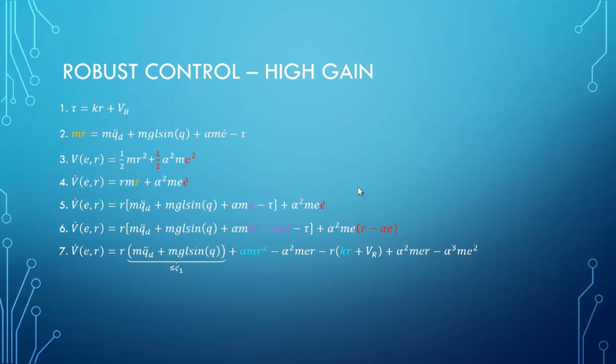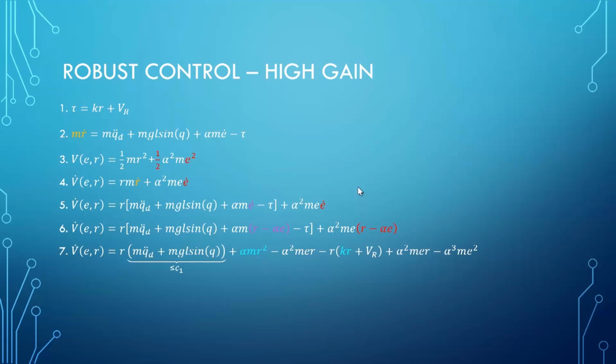Next, by observation. How do you observe? You will see every term will have r or e, because eventually you design your Lyapunov function as a function of e and r. To prove V dot to be negative definite, you need e squared, r squared. So you want to create e squared, r squared.